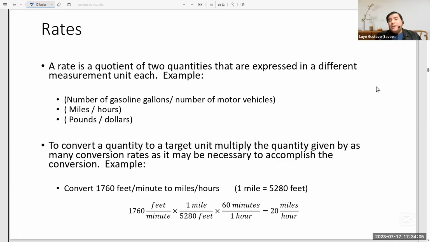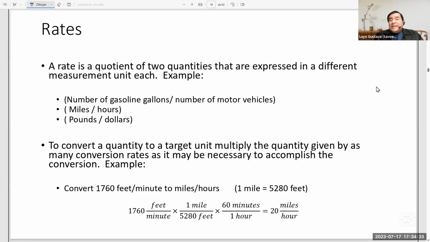That's also a rate. Or if we talk about purchasing some goods, imagine if we want to express how many pounds of, let's say, apples we can get per dollar. Or for example, we have 50 pounds of apples for which we pay $12. This quotient is a rate.